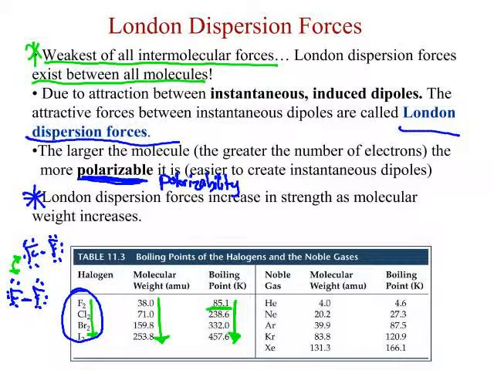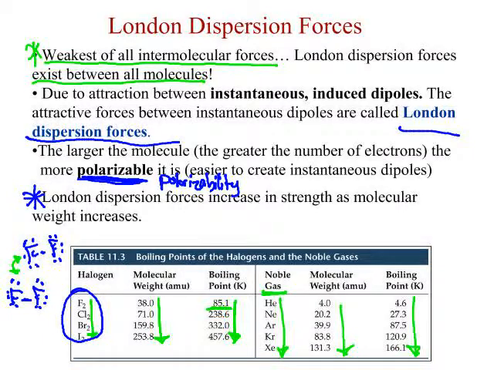You can see the same trend here, guys, if you take a look really quick at this table of the noble gases. As you go down this group, from helium to xenon, to heavier and heavier atoms with more and more electrons, as their molecular weight goes up, you can see that their boiling point increases, because the force of attraction between the particles gets stronger as they get more electrons and become more polarizable.